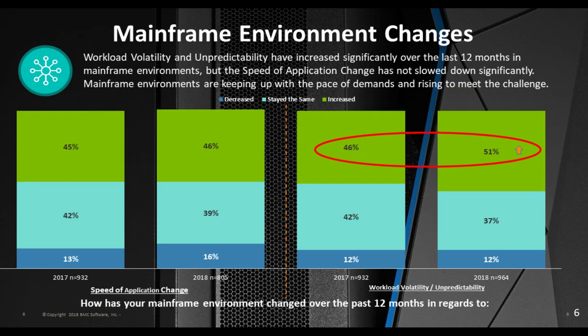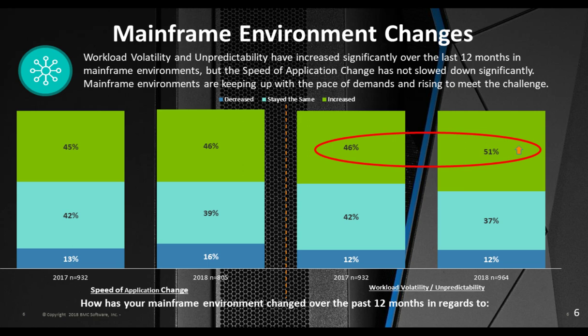Now, two other questions we ask are particularly important for capacity management. One is the speed of application change. Now, on the surface, this change went from 45% to 46%. And you say, well, okay, is that really any change at all? Underneath the data, we also asked, what is the rate of change?